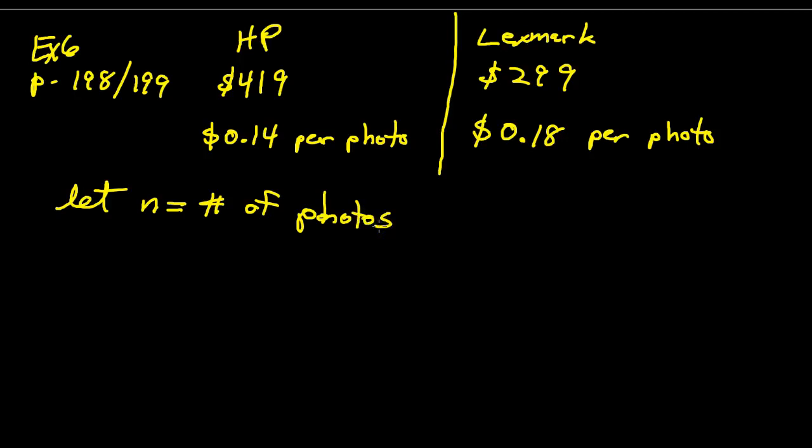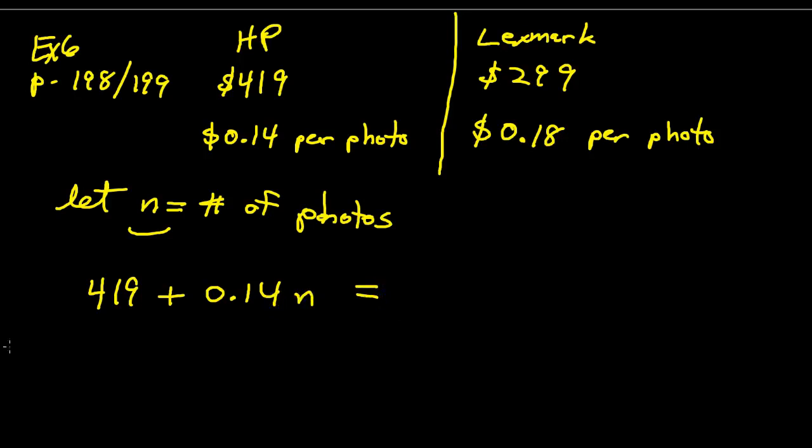At what N value does the total cost of the HP equal the total cost of the Lexmark? Well, the Hewlett-Packard starts out at $419. And to that, we add 14 cents for each photo we print.